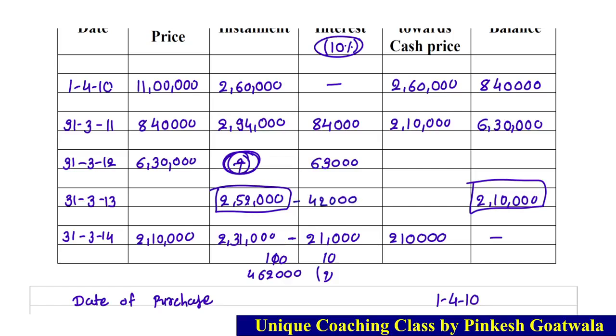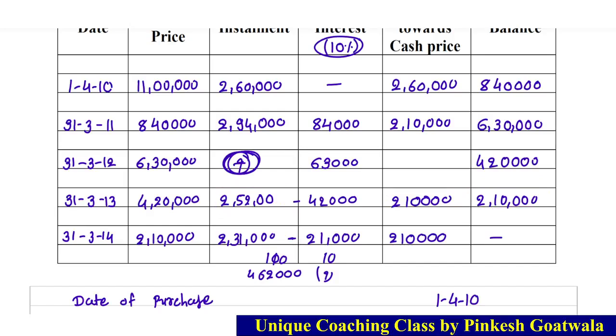So less that, you will get 420. Now this 210 plus 210 will be 420, and this 420 will be transferred to the next year. Clear? This is the calculation we learned in previous videos: start from the last installment when the cash price is not given. We have done the same calculation.